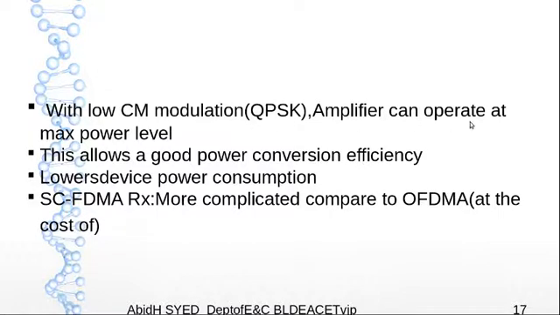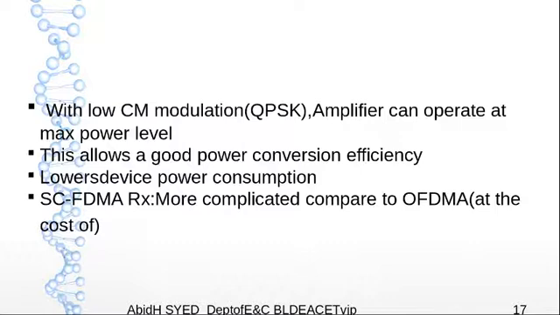The amplifier can operate at a maximum power level. So this is the best advantage of using SCFDMA. This allows good power conversion, as I was telling earlier, but lowers device power consumption, as I said earlier.